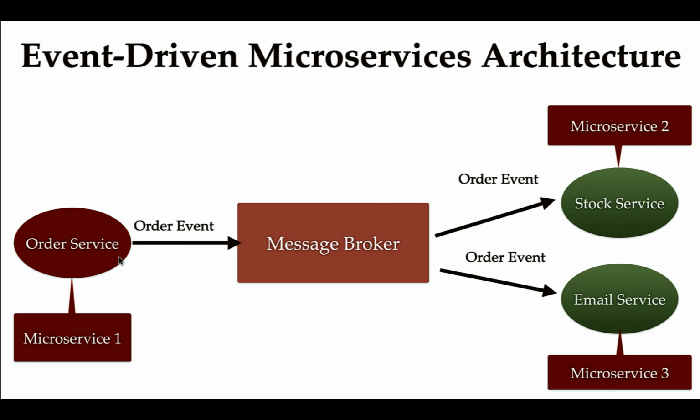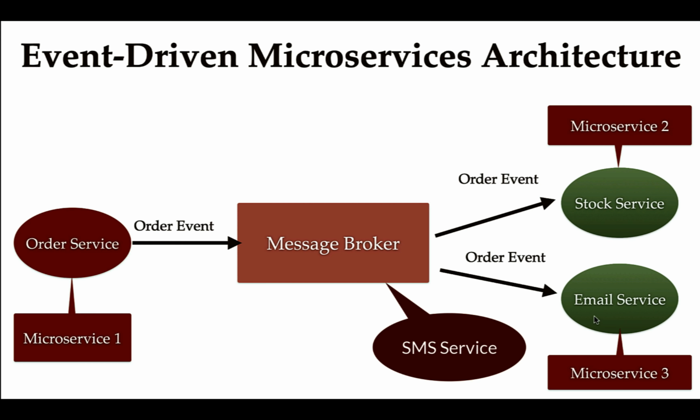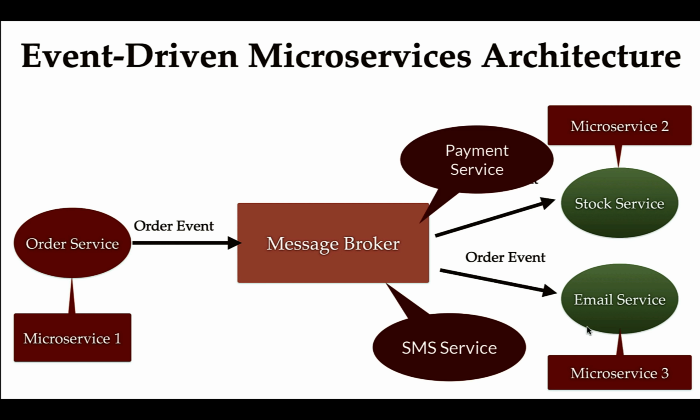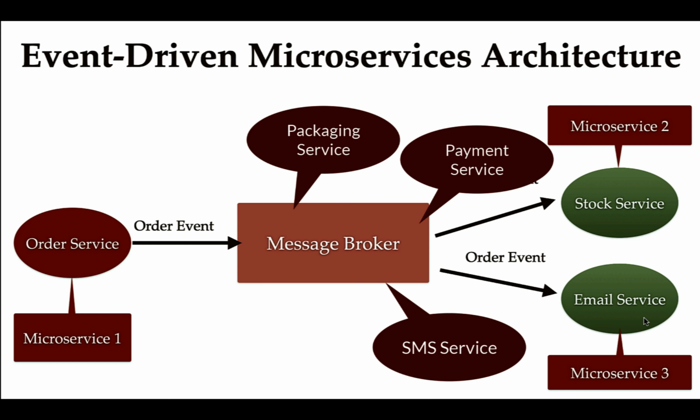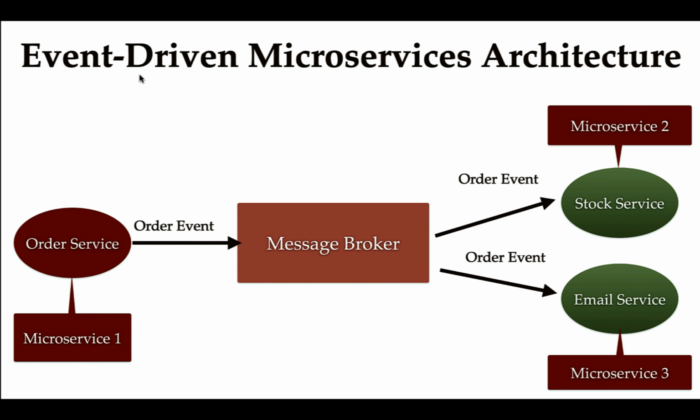To keep it simple, let's consider we have 3 microservices, but you can create as many as you want. For example, you can create SMS service, payment service, or packaging service.